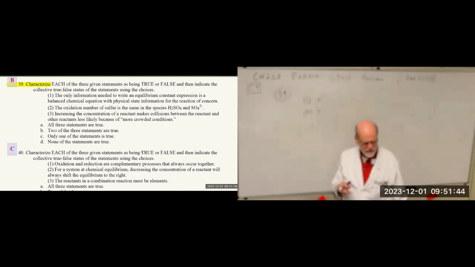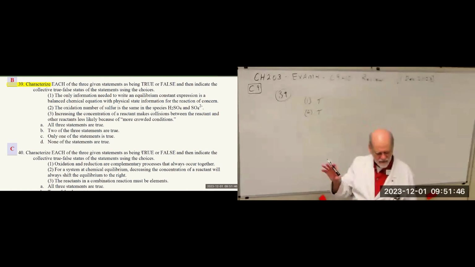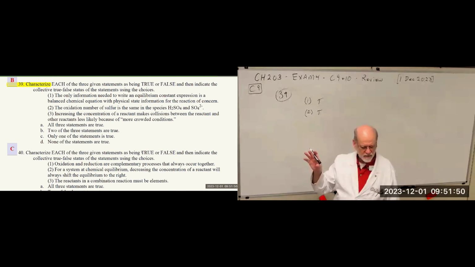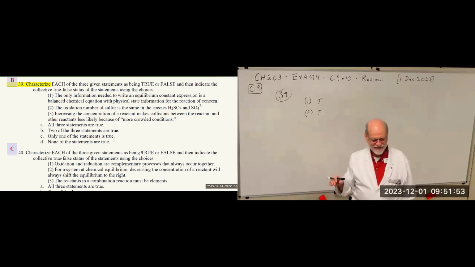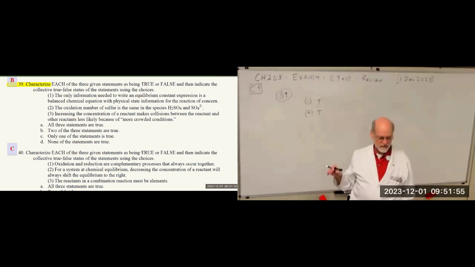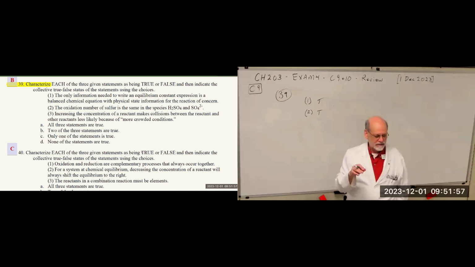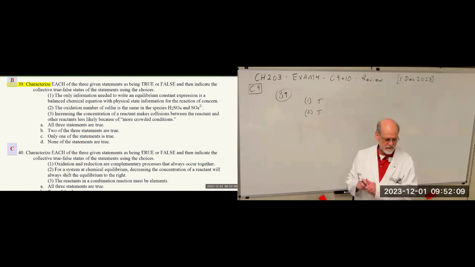And 3, increasing the concentration of a reactant makes the collisions between the reactant and other reactants less likely because of more crowded conditions. Number 3 is what's known as stupid. You increase the concentration of a reactant, you increase the number of collisions simply because there are more of them there. It's a probability game. So 1 and 2 are the only 2 correct ones, and that means B is the answer.